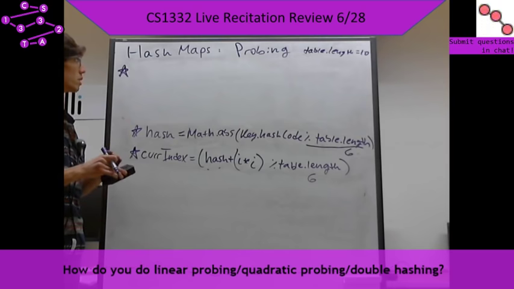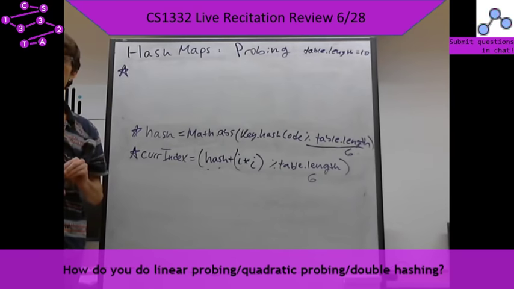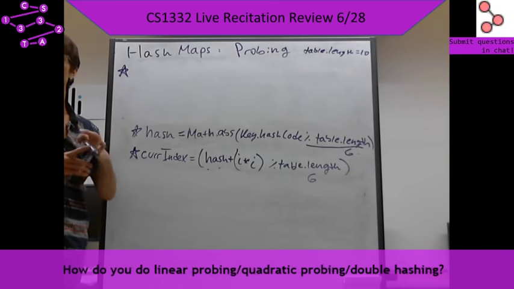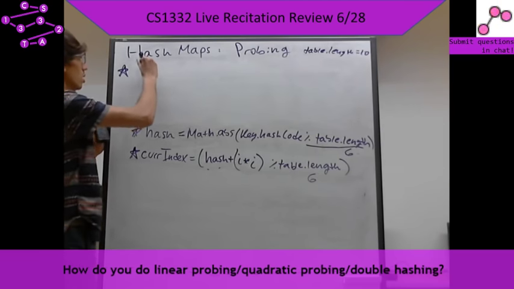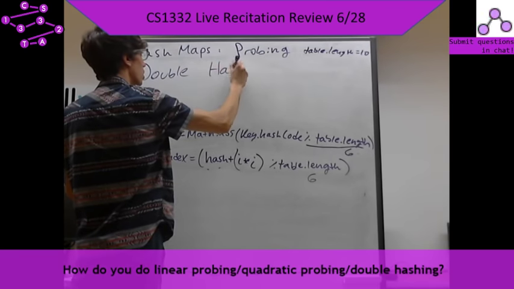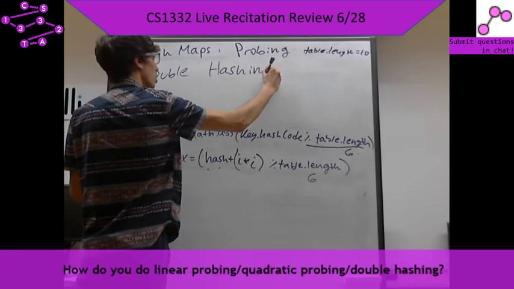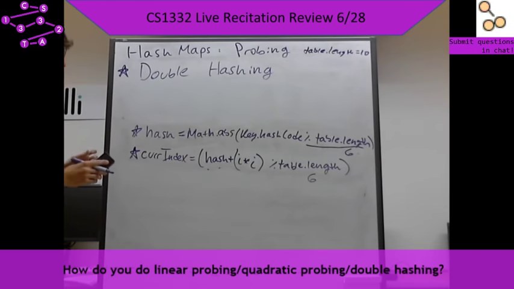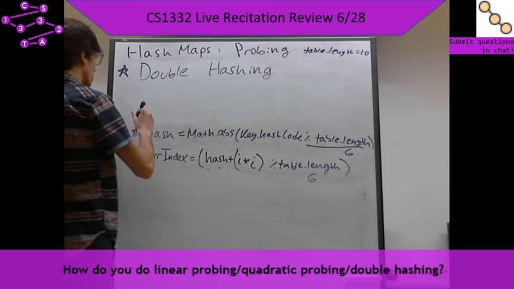As far as double hashing, I'm going to give my answer for this one. The basic idea is, since quadratic probing spreads out your data better, if you're dealing with hashes that are grouped up or close to each other, that will give you a lot of collisions with linear probing, but quadratic probing will spread them out a little bit better.